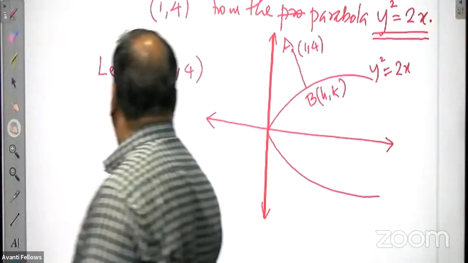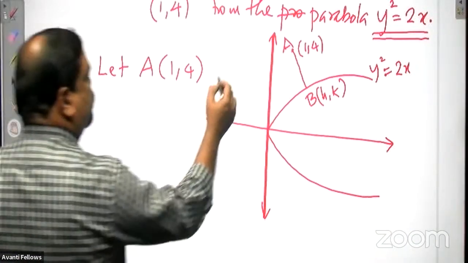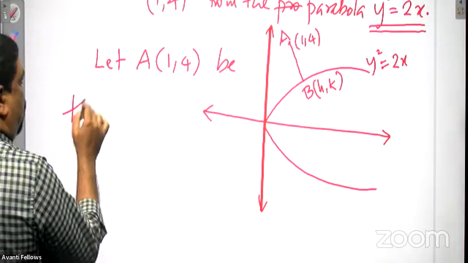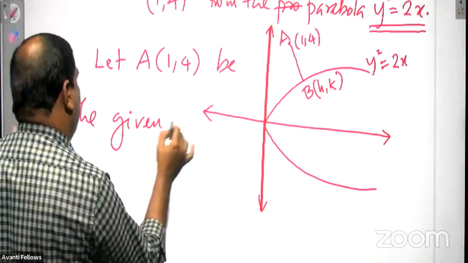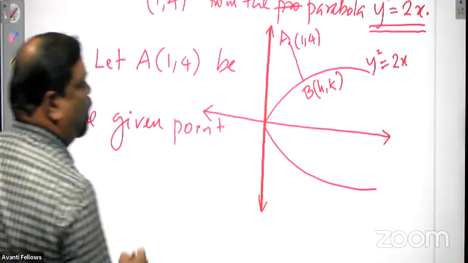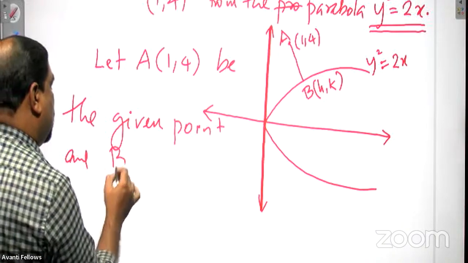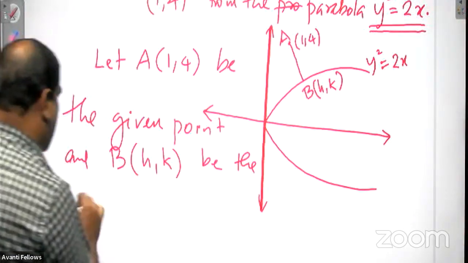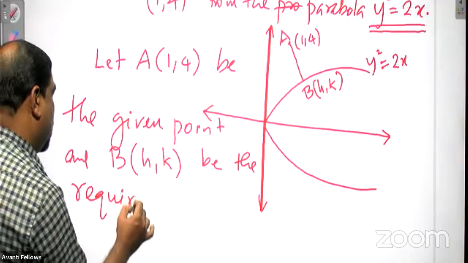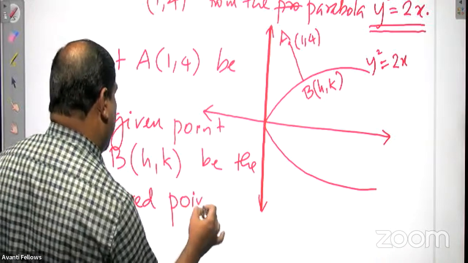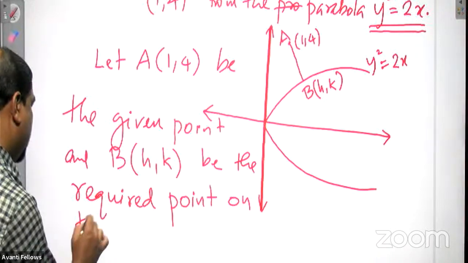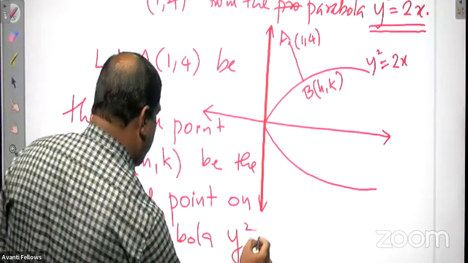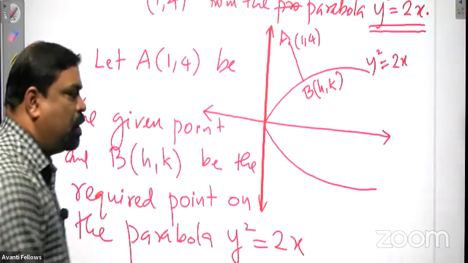So roughly sketch the figure, and let A be the given point, and let capital B, h k, be the required point on the parabola. What is the parabola equation? You know, y square is equal to 2x.